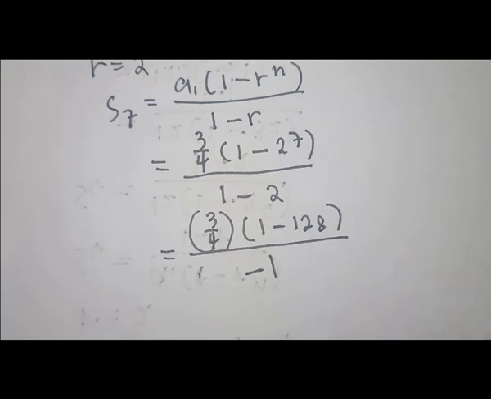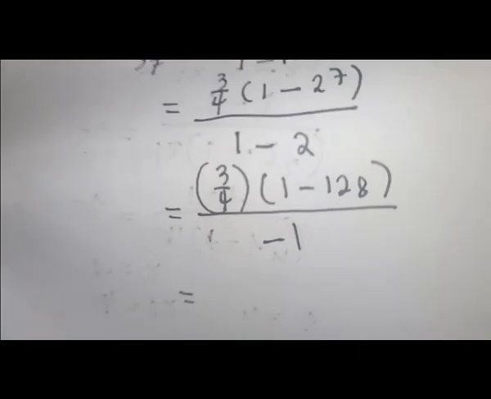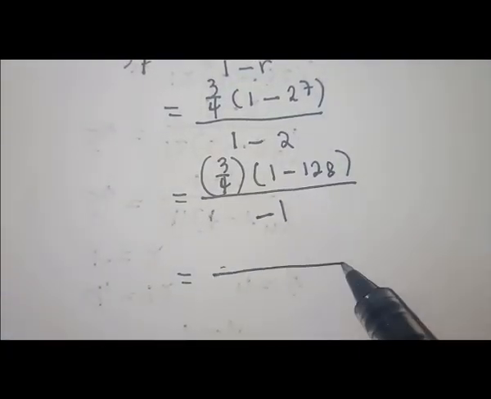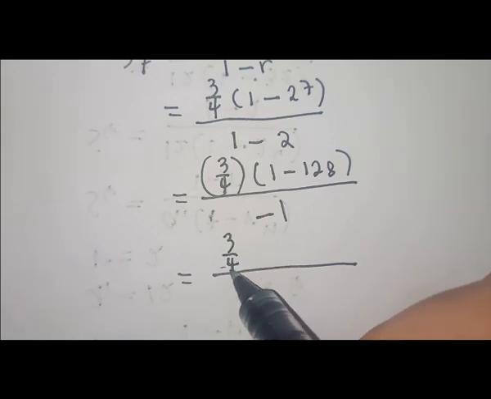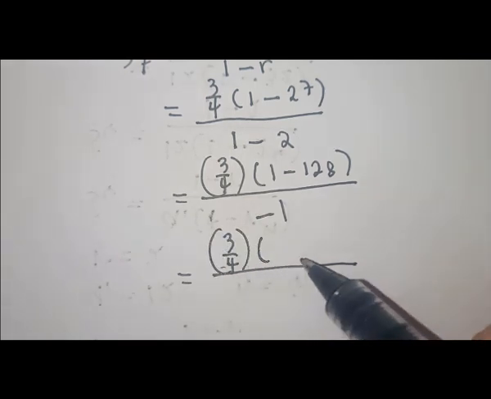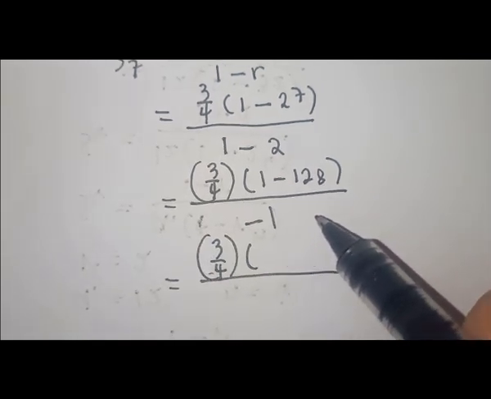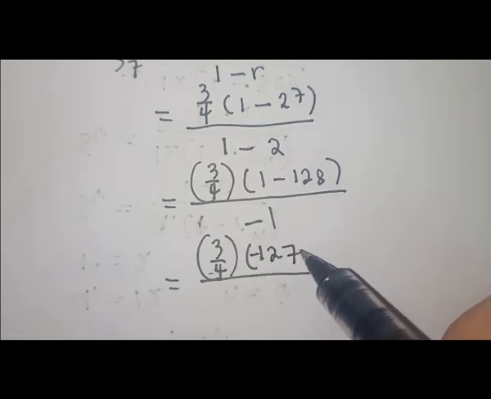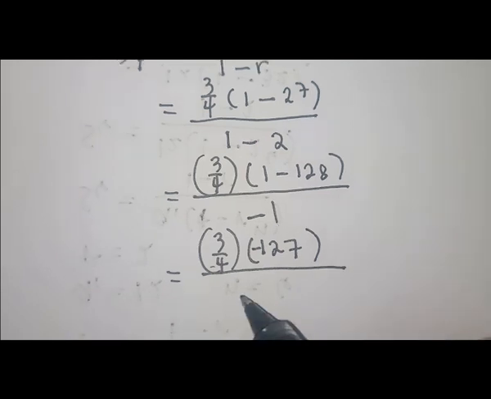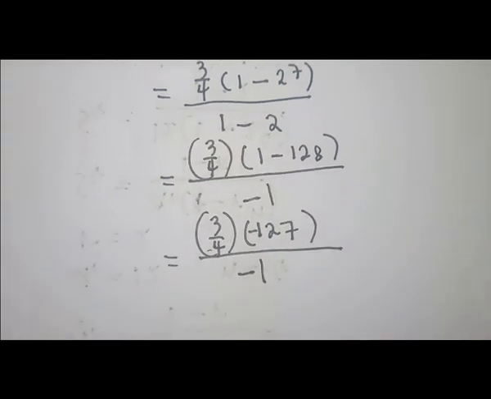Next, we have 3 over 4, multiplied by 1 minus 128. It will give you negative 127, divided by negative 1.